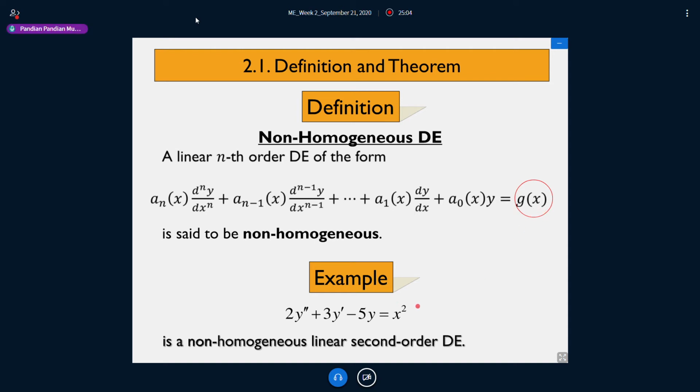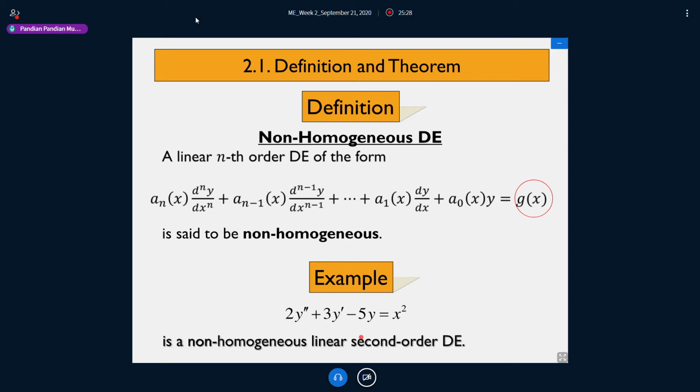So we call this a second order non-homogeneous linear constant coefficient differential equation: 2y double dash plus 3y dash minus 5y equals x squared.